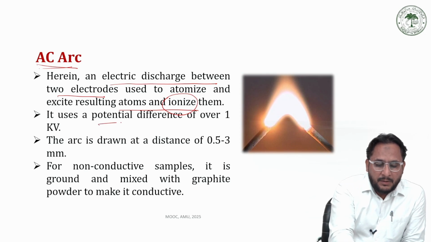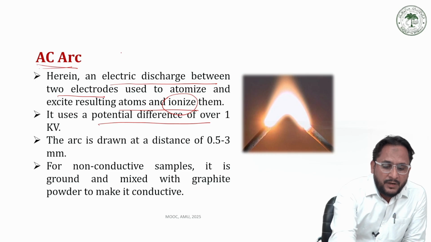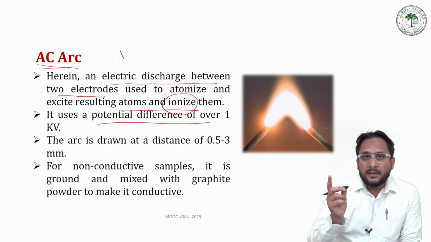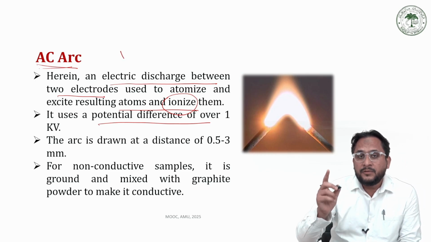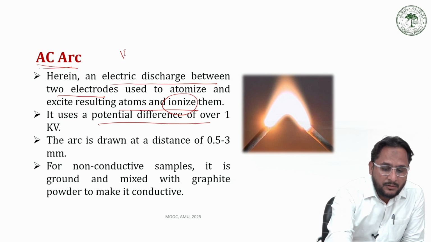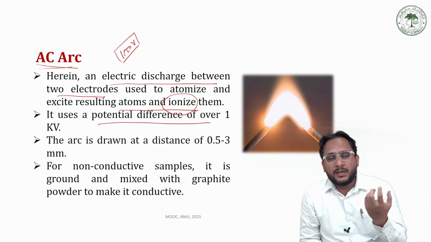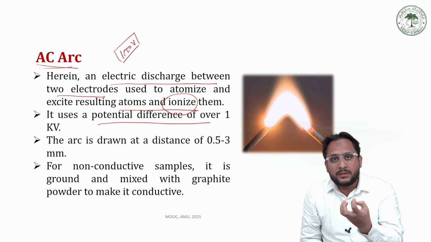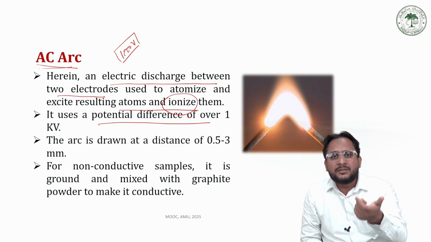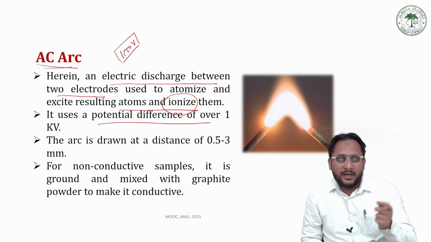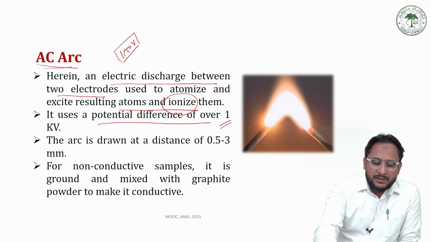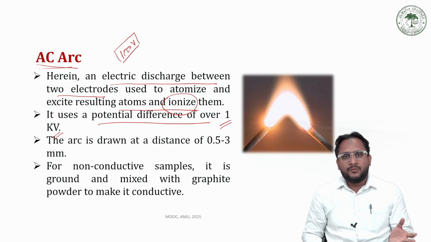Here we use a potential difference of 1 kilovolt, while in the previous case, in case of AC spark, it is 10 kilovolts to 50 kilovolts, which means up to 50,000 volts, while here it is only 1000 volts. Why so much energy in the AC spark? Because that existed for a very short period of time, therefore we need more energy. While the AC arc exists for a longer period of time, therefore the energy requirement is not very high. We can achieve that energy just by giving 1 kilovolt or 1000 volts.